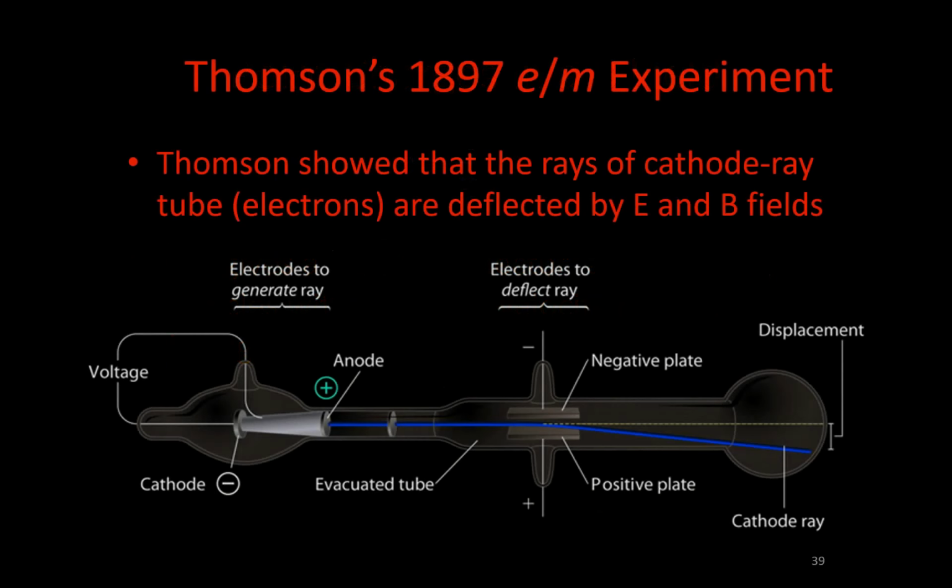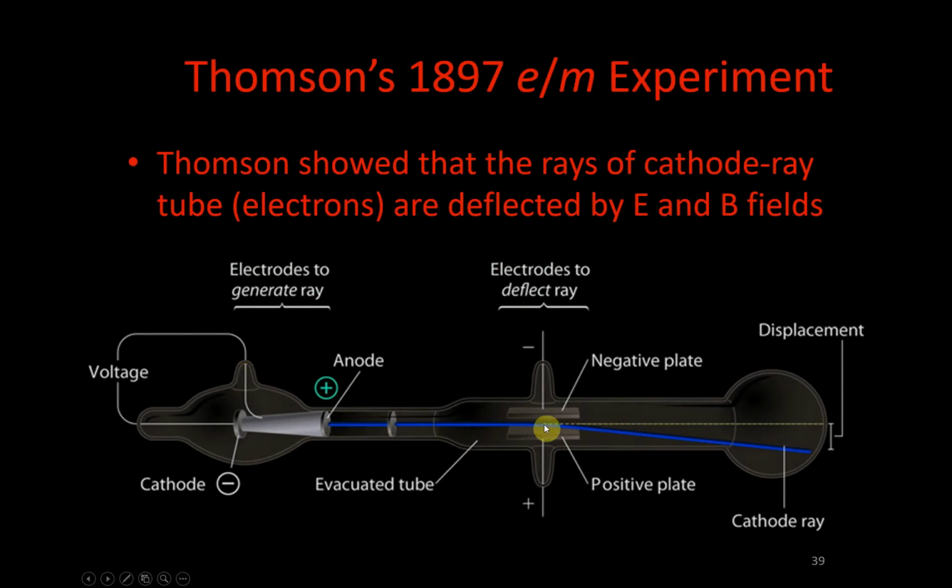So Thomson, 1897, not going to go too deeply into this, we do not have time, showed through his e over m experiment that he could deflect rays that he called cathode rays, essentially rays of electrons, by using magnetic and electrical fields. And he made a little dot of light on a screen. So here's what's happened. This is an electron gun, essentially an anode.